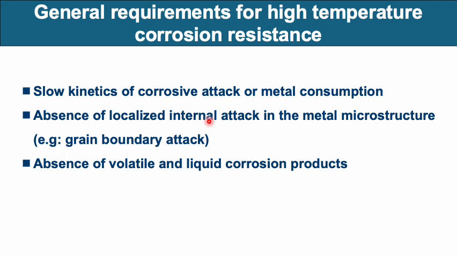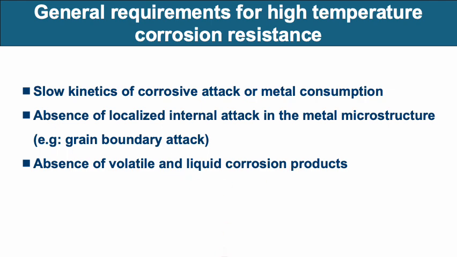In intergranular corrosion, you consume metals selectively from the grain boundaries, but in intergranular oxidation, you form oxides along the grain boundaries. These are like continuous oxide precipitates along the grain boundaries. This can really cripple the mechanical properties. And then this corrosion should not form any liquid or volatile corrosion product.